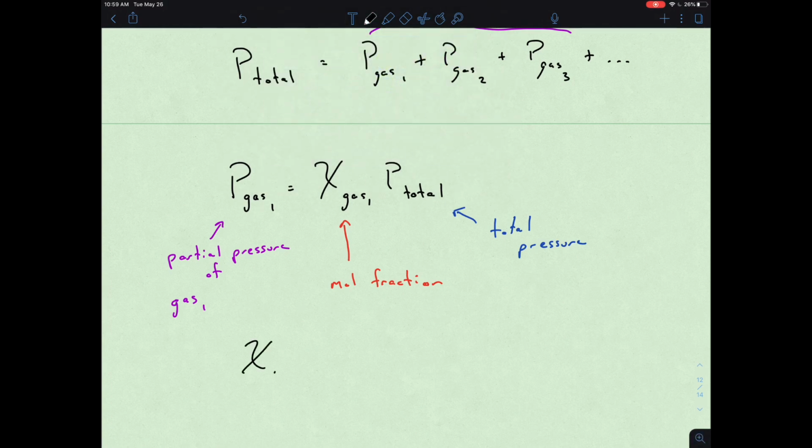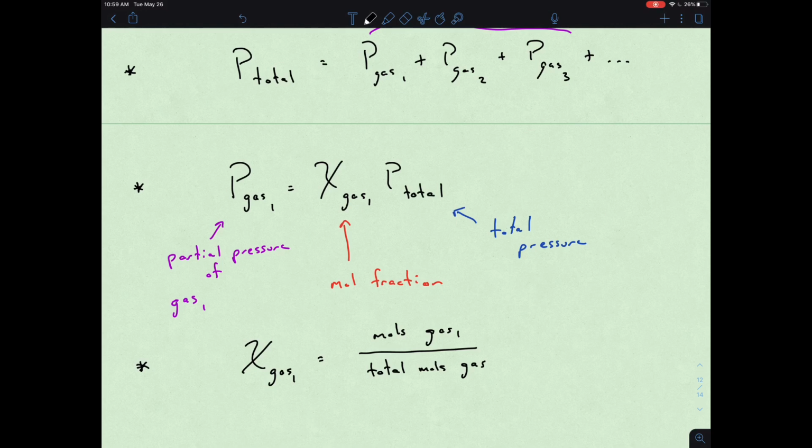So the mole fraction of gas 1 would be moles of gas 1 over then total moles of actual gas. So we have these three equations that we utilize. We tend to use the last two a little bit more often than the top one.